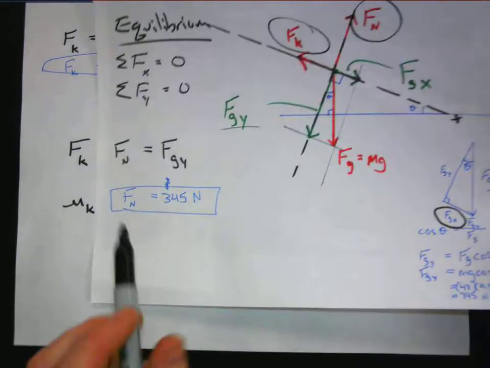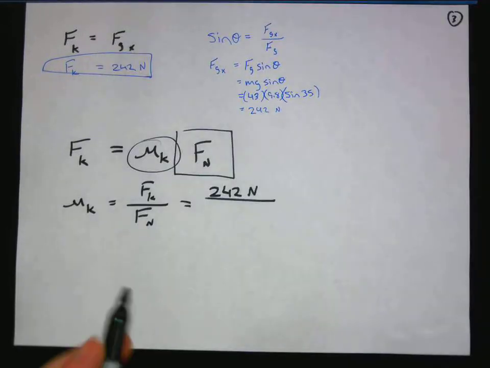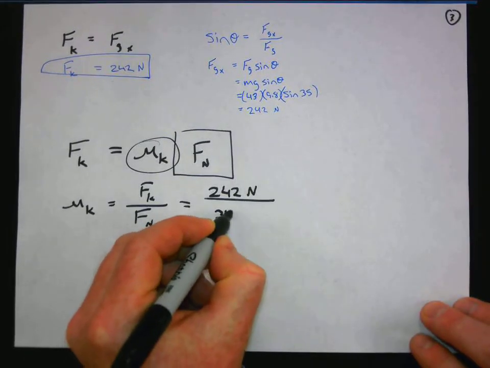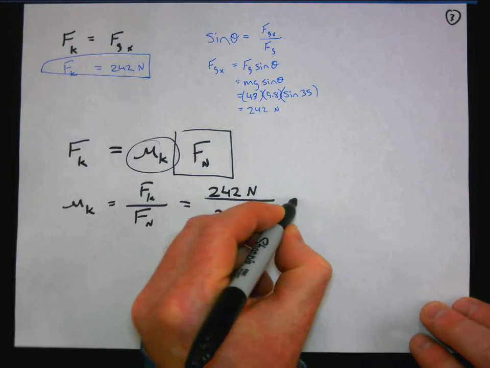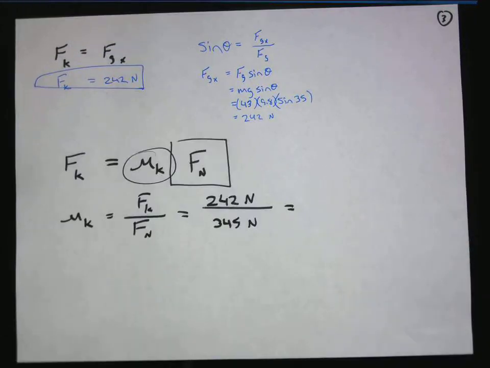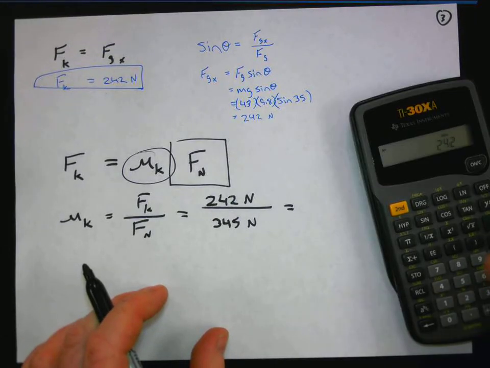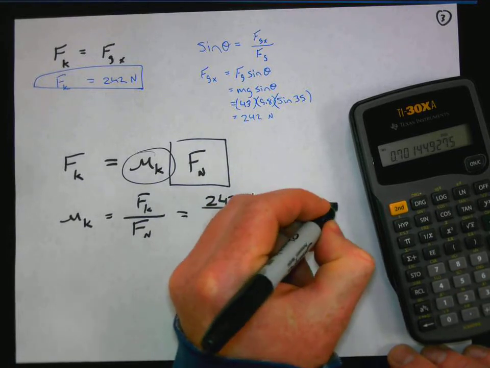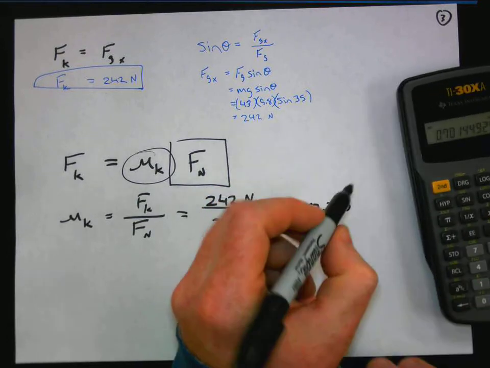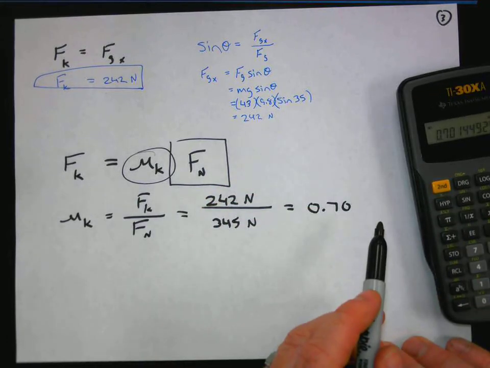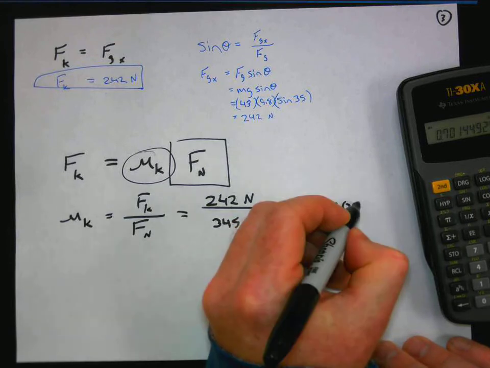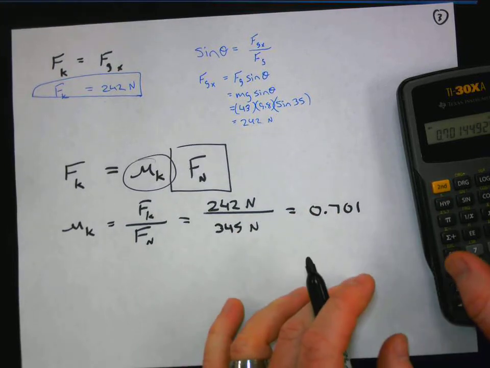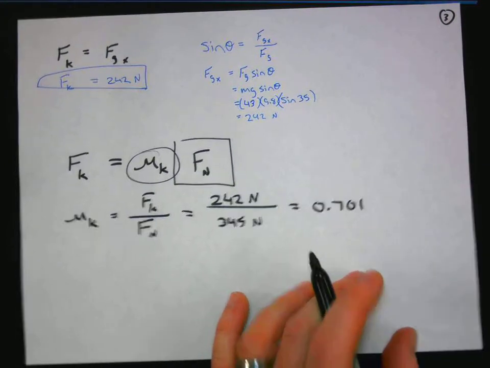That was 345 newtons. So, real simple calculation. 242 divided by 345 is 0.70. If you're crazy about sig figs, you might want to go to one more sig fig. Really doesn't matter much. But there you go. That is the final answer.